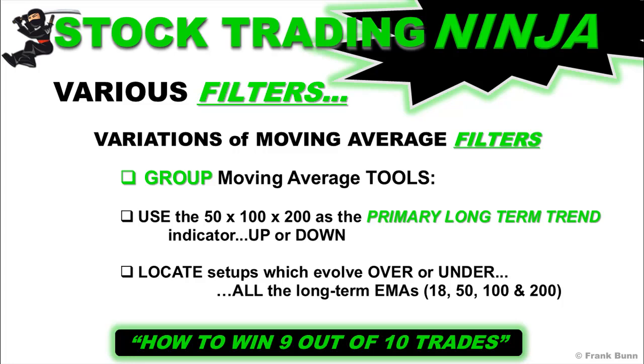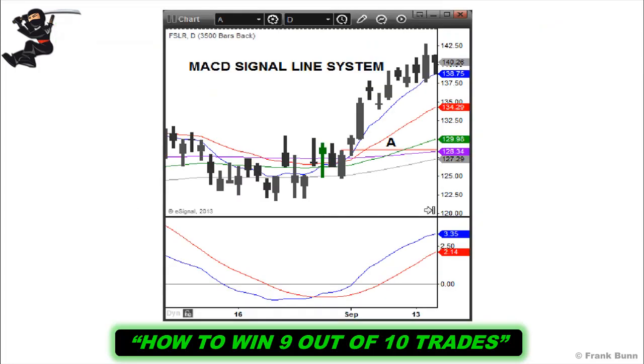Reverse this for shorts. We can also look for setups that trade or evolve over all of the EMAs that we watch, these being the 18, 50, 100, and 200 lines. Let's check out an example. Here we have a pullback inside bar pullback pattern which breaks out over point A. And that breakout is also over all the short and long-term EMAs on the chart.